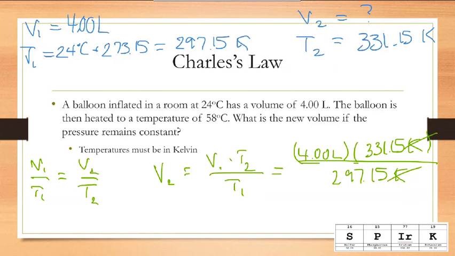Our unit of Kelvin is going to cancel out, and when we multiply that through, we get 4.46 liters. So, as the temperature increased, the volume also increased.